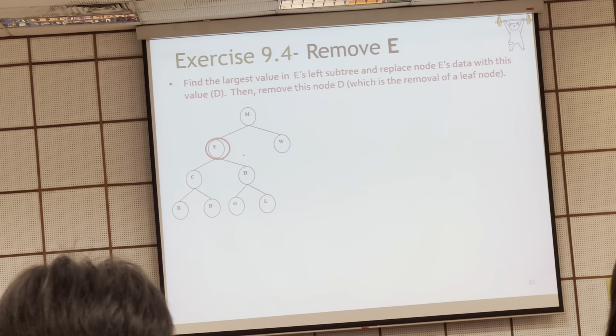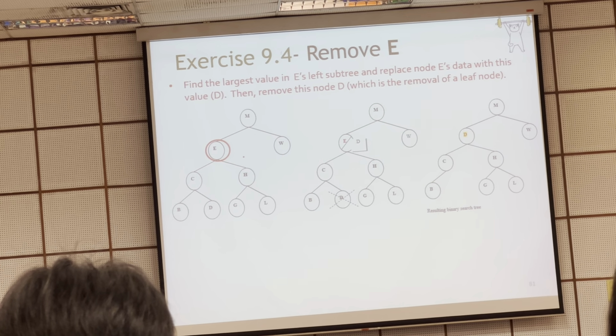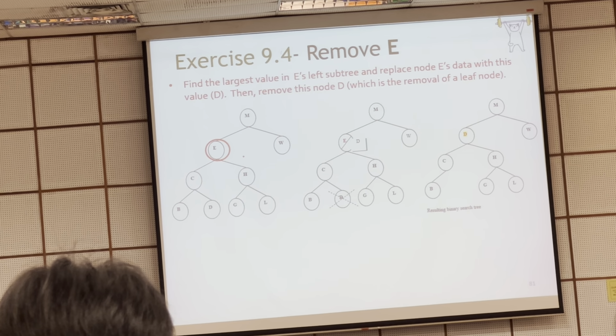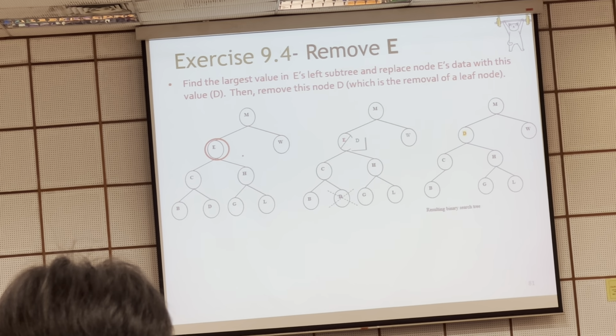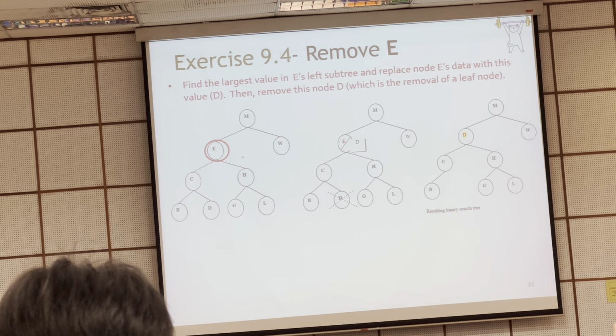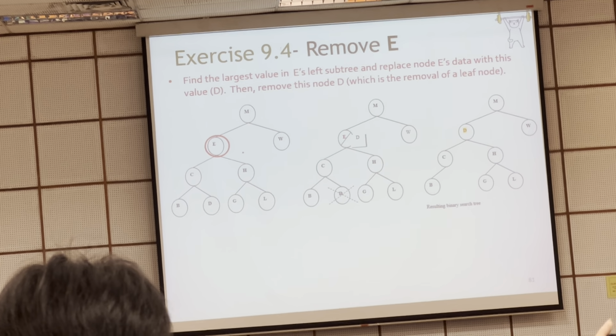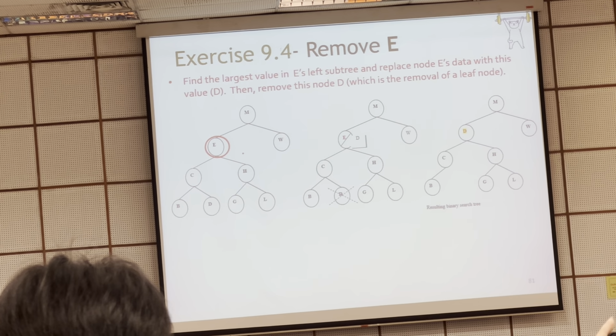Wait, I'll give you the whole answer. So that's just how it should look. We are choosing the left subtree. You can do the same thing with your right subtree also. So this is the last answer.